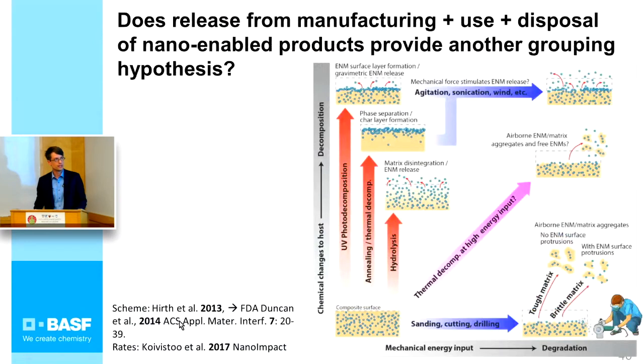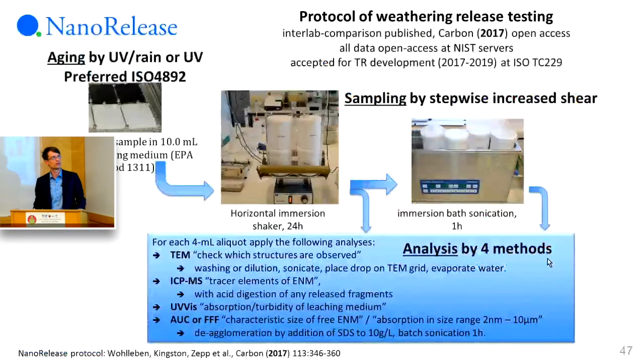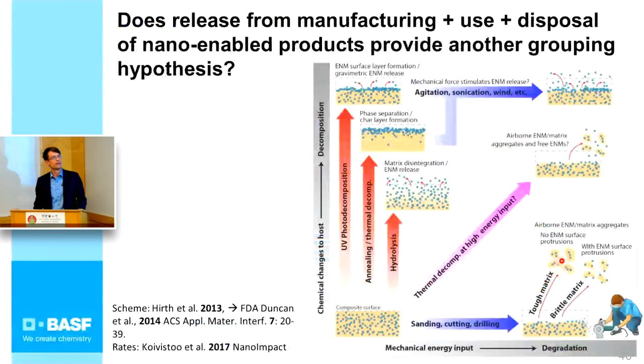There's a nice framework for that. We published a similar scheme earlier, and then Tim Duncan from FDA converted it into this very nice scheme that I almost fully agree with. Starting from an intact nanostructured material, you can have mechanical forces, and then depending on the mechanical properties of the matrix, if it's a tough matrix, you will have these sorts of fragments. A brittle matrix tends to have more protrusions of nanomaterials on the surface. The same thing would apply for the nano-enabled products.